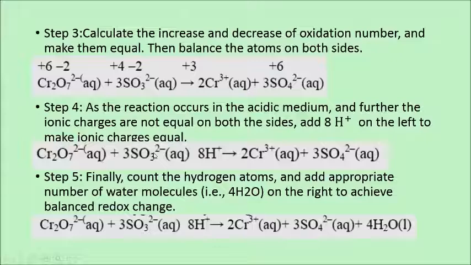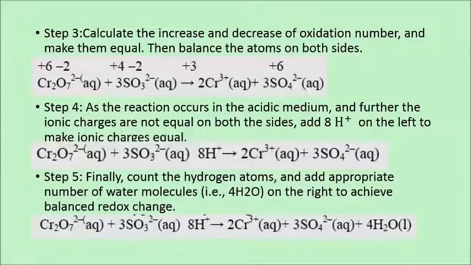When you see the total charge, the overall charge, calculated for the left hand side and the right hand side, we can understand whether the charges are equal or not. With that, we can see that the charge is less on the left hand side, and we have to add what? 8H plus on the left side to make the ionic charges equal.